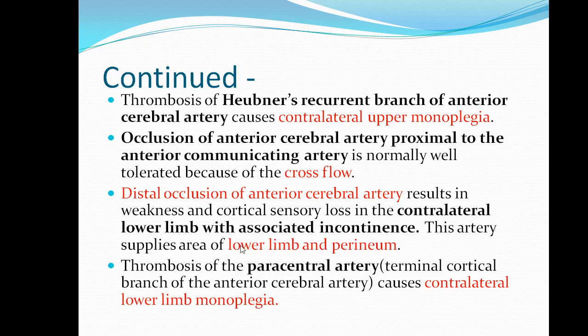This artery supplies area of lower limb and perineum. The thrombosis of the paracentral artery, that is a terminal cortical branch of the anterior cerebral artery, causes contralateral lower limb monoplegia.